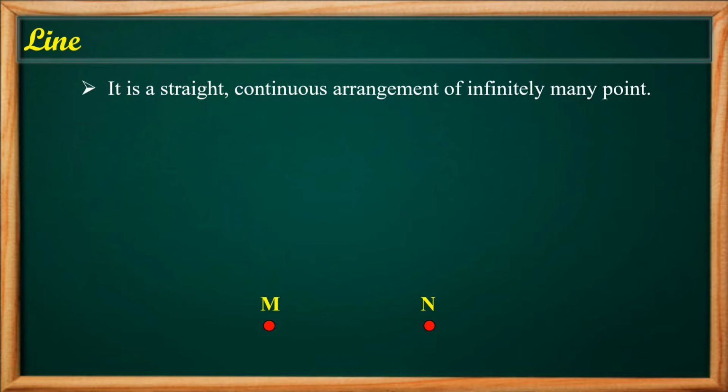On this example, we are using only 2 points. 2 or more points compose a line. Dito gagawa lang tayo ng isang line na composed of 2 points, which is point M and point N. Ayan, that is a line. Now, a line, its length is infinite. That is why we have here an arrowhead.